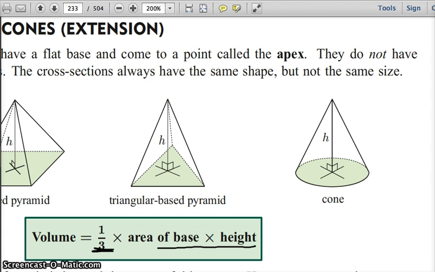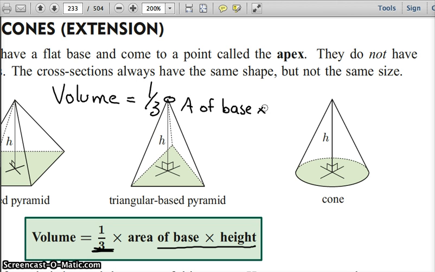So the determining factor when asked to calculate the volume of a shape, you've got to say to yourself, does it come to a point? If it does, it's 1/3 the area of base times your height.